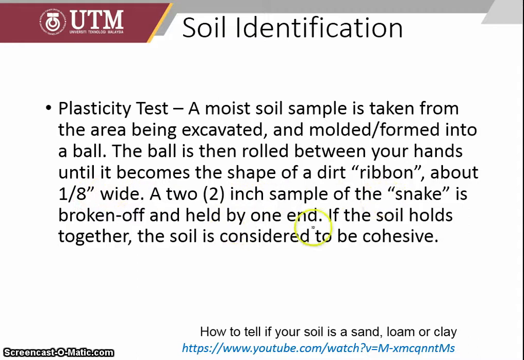If it holds together, the soil is considered to be cohesive. If not, the soil might be sand or a mixture of sand, clay or silt. But usually to do this test, some experience needs to be built first, so you can differentiate between the types of soil.